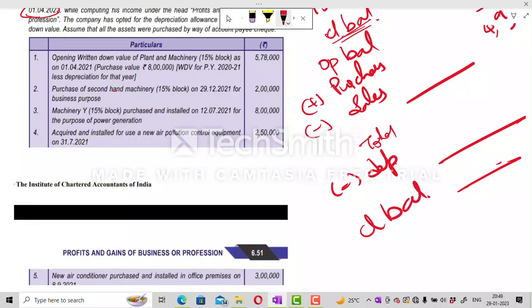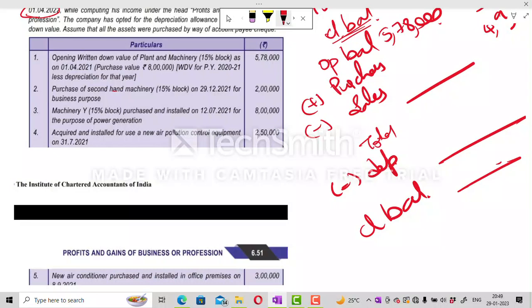We should fill all this now. Opening WDV as on 1/4/21, purchase value 8 lakhs, WDV for previous year 2021 less depreciation for that year, 5,78,000. This will be our opening balance.